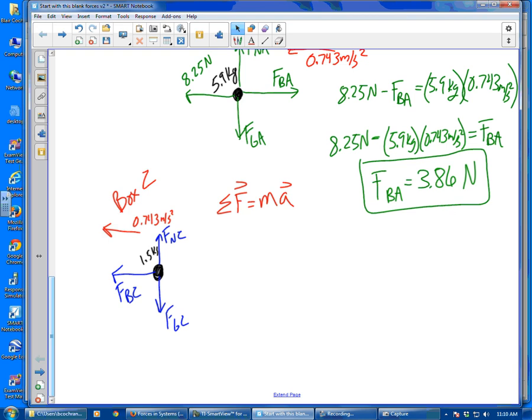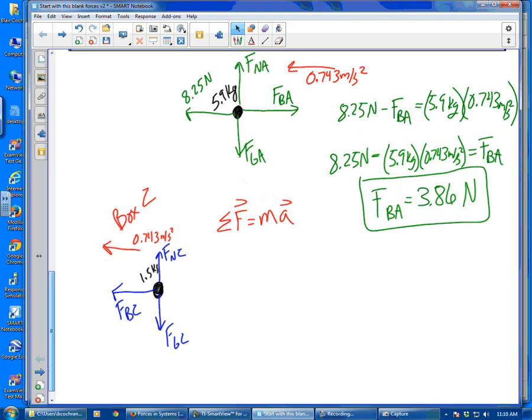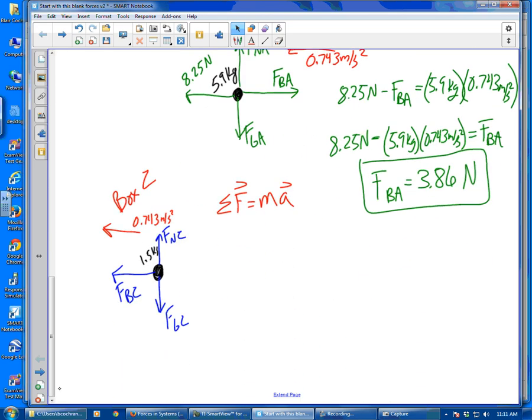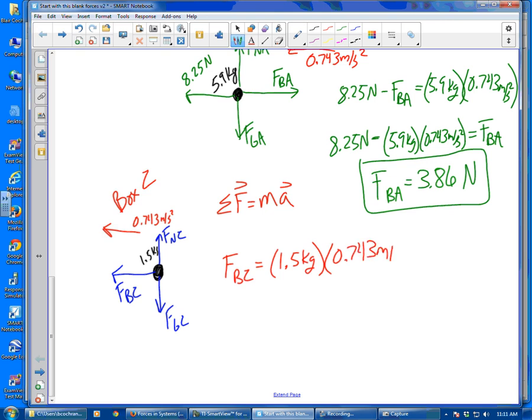Sure, you're right, on box B, but I don't care about box B. I'm only looking at box C. Yeah, well, just to make life simpler, right? So I only have one force here, FBC. That equals my inertia, 1.5 kilograms, times my acceleration, 0.743 meters per second squared.